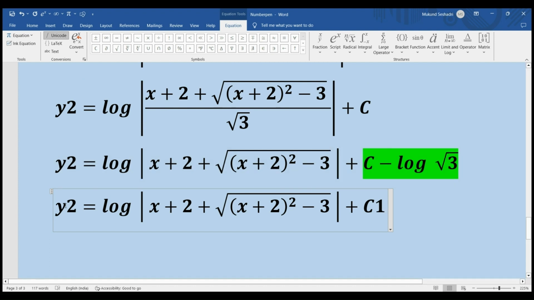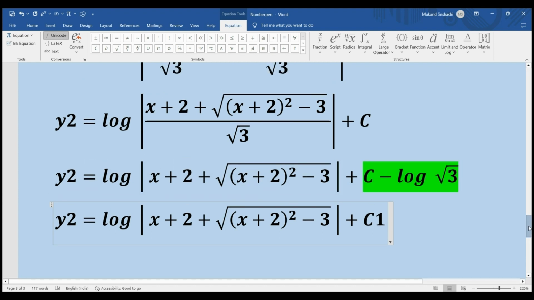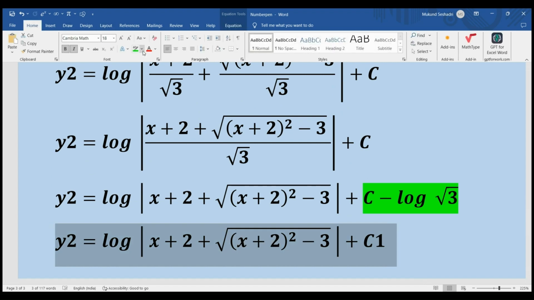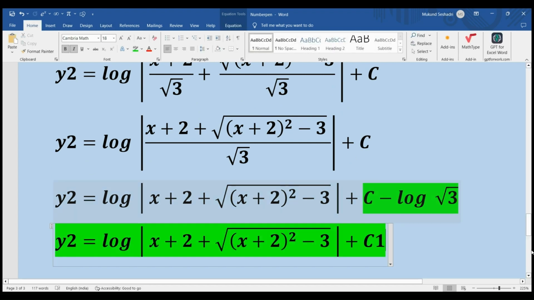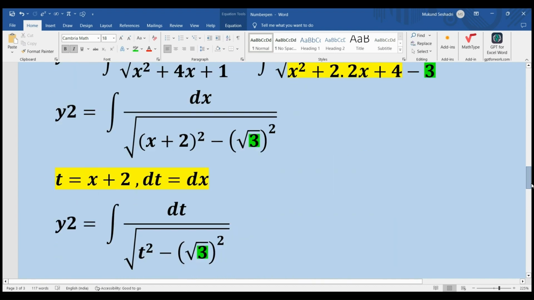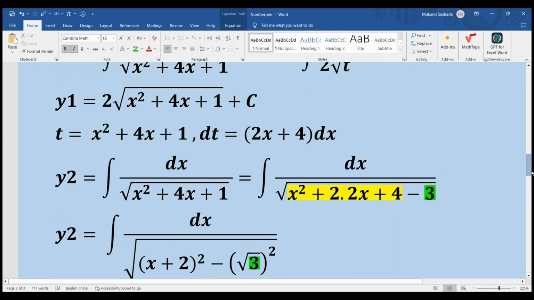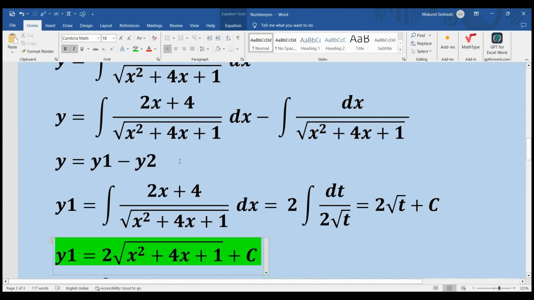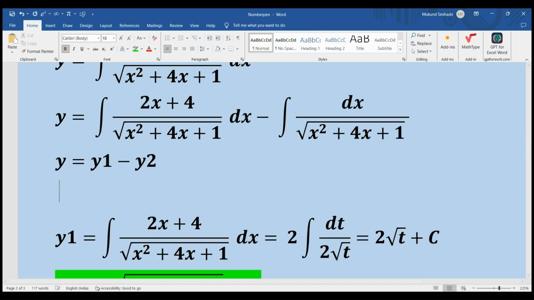Now I go back to my y. Now that we have the answer for y2, let me highlight my answers for y1 and y2 in a particular color, say green. So I have my y2, and I have my y1 as well, and my y1 is here. Let me highlight that in green as well. Now I go to my y, which I expressed as y1 minus y2. So what's my y now?